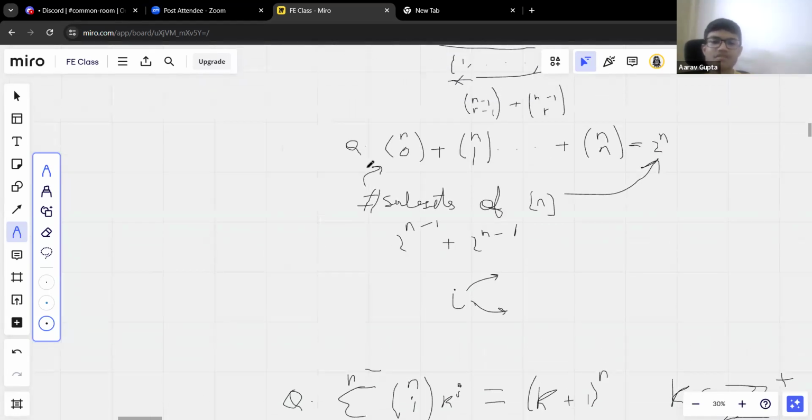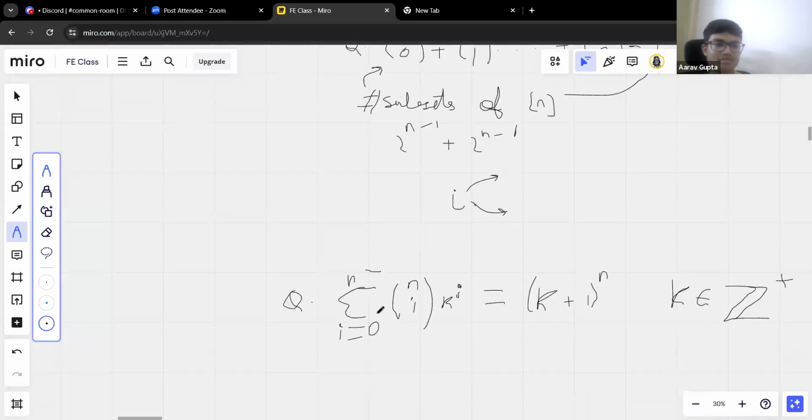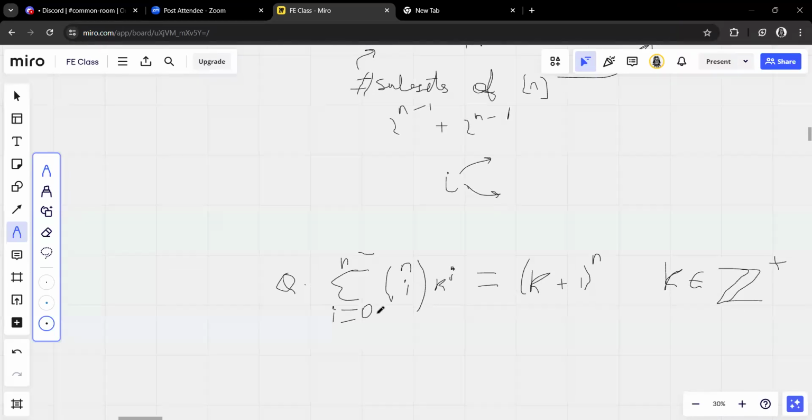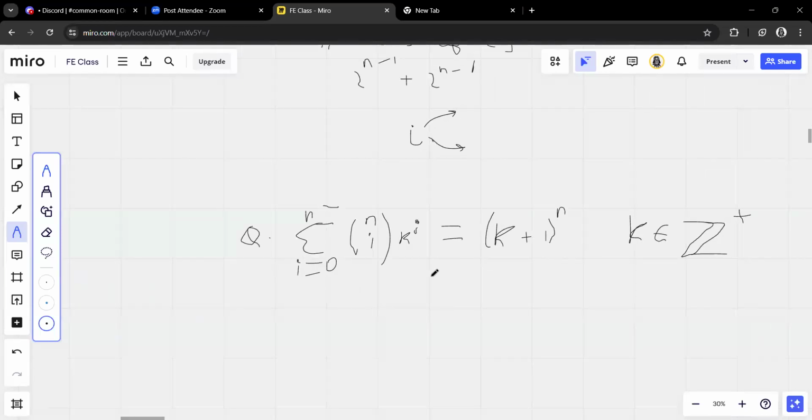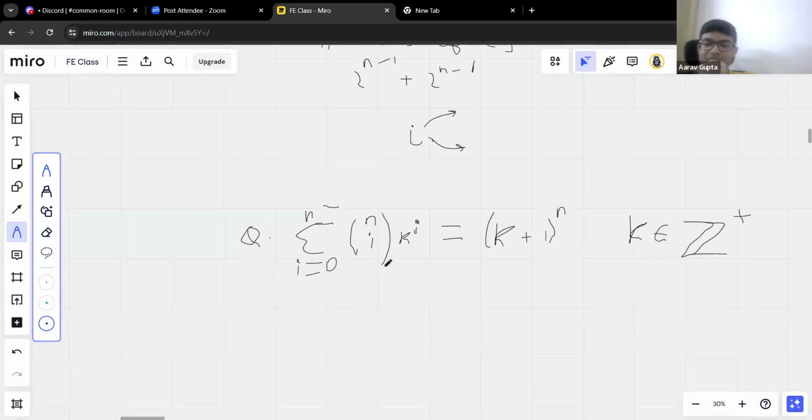The k equal to 1 case you did here. Wait, you're telling us to prove the reverse of the binomial theorem? I'm asking you to prove the binomial theorem, but for positive integers.